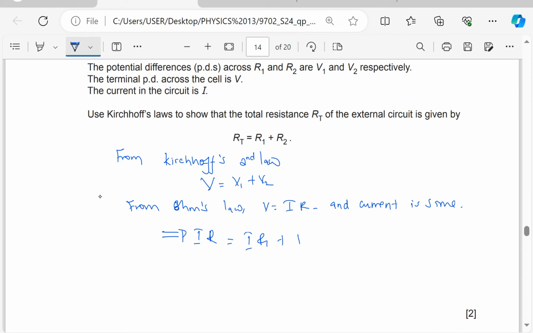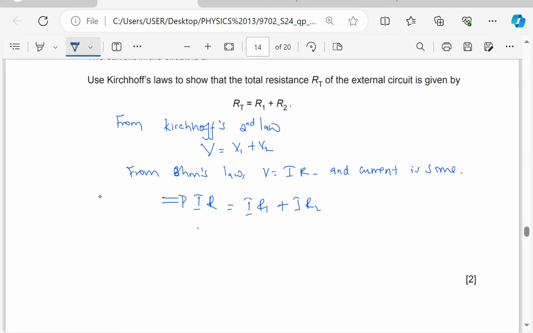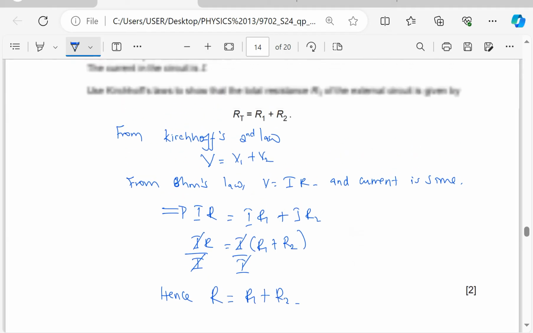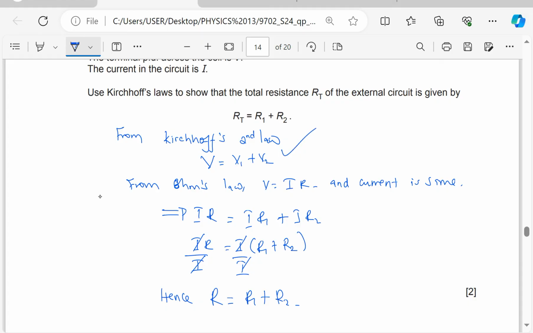Where there is V2, I'll put I times R2. So I have I times R equals I times (R1 plus R2). Then I divide by I both sides, so this cancels out. Hence I have that R equals R1 plus R2. So the two marks are just here and this substitution here.